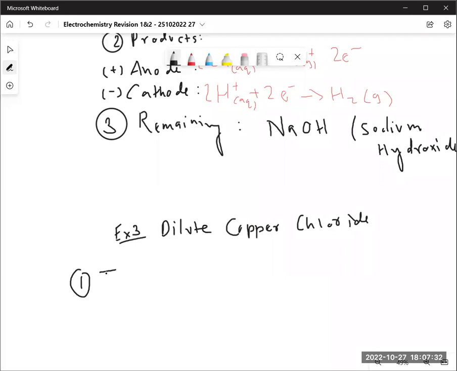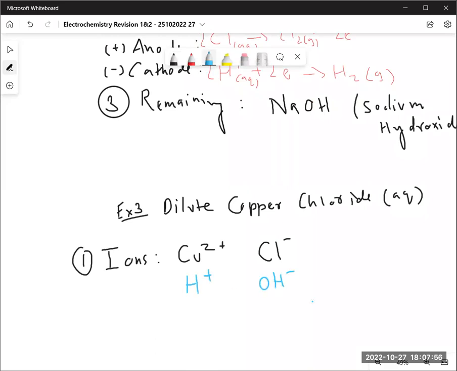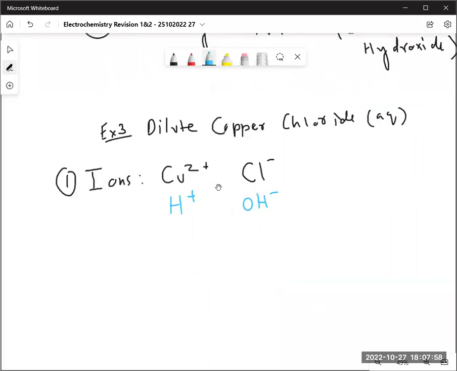First step is ions. Copper 2 plus and Cl minus. Do we have anything else? Yes, water, aqueous. So H plus and OH minus. So that water gives us these ions. Next thing is we look at the products.